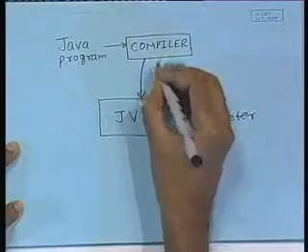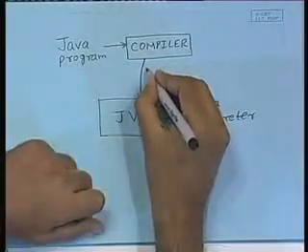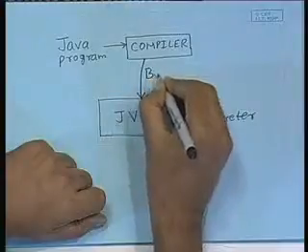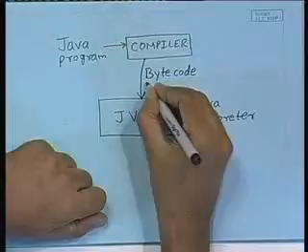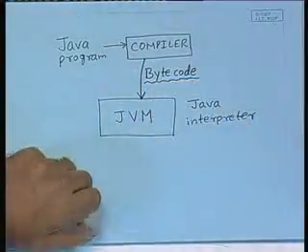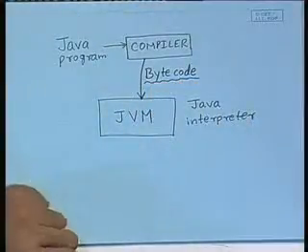The Java compiler will be generating the object code in some intermediate format. This is called bytecode, Java bytecode.